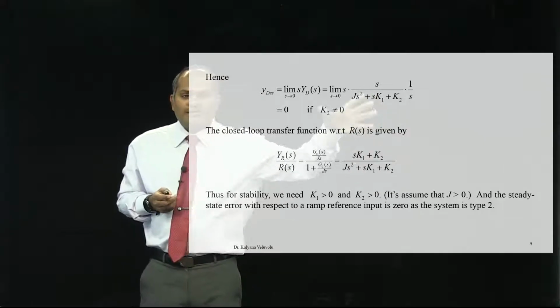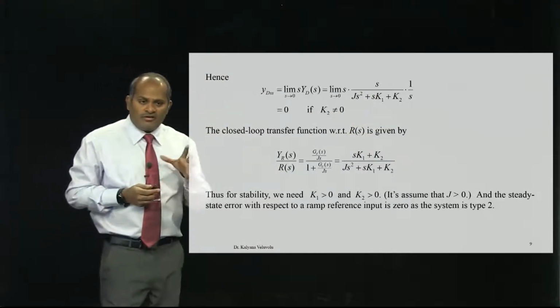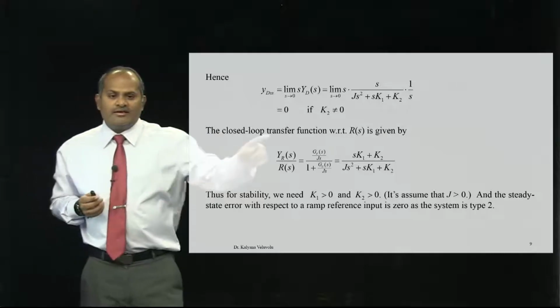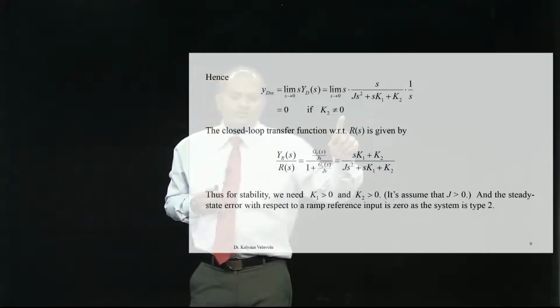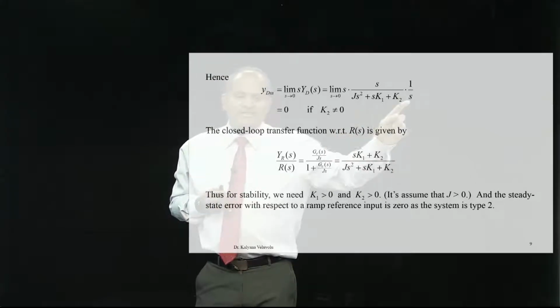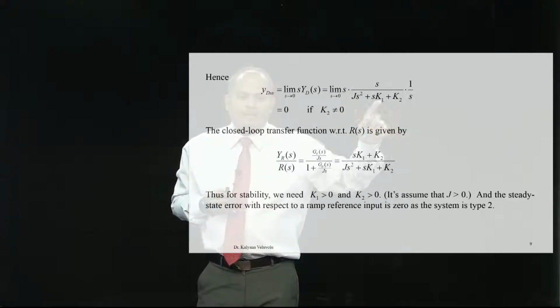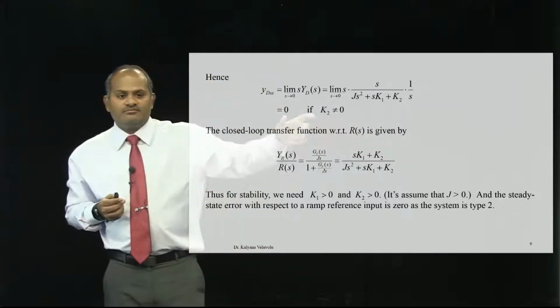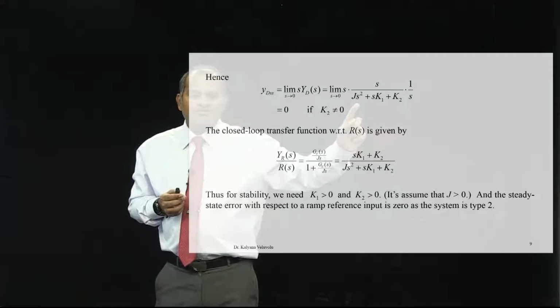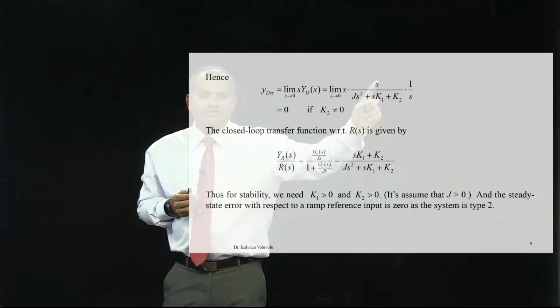So, once you select this one, you can clearly see that this will be 0 only when K2 is not equal to 0, because this s gets cancelled, and when this s gets cancelled, I have s by this expression. When s tends to 0, this term is 0, this term is 0, this term is 0.